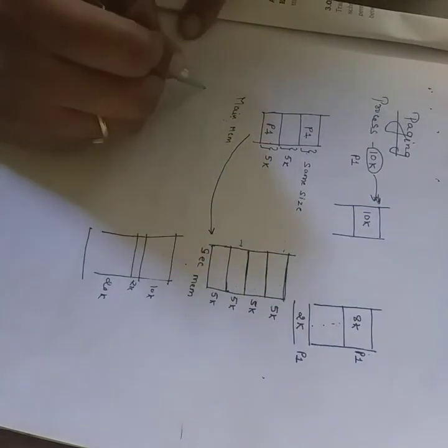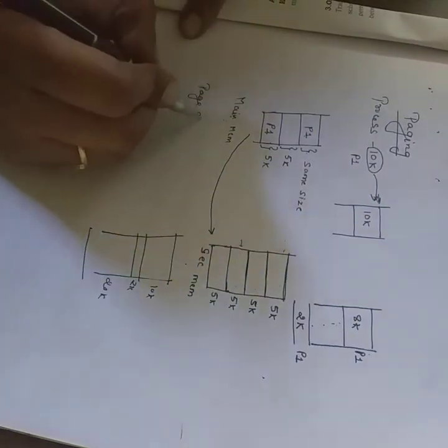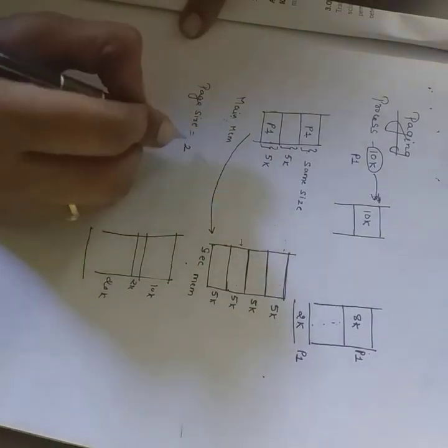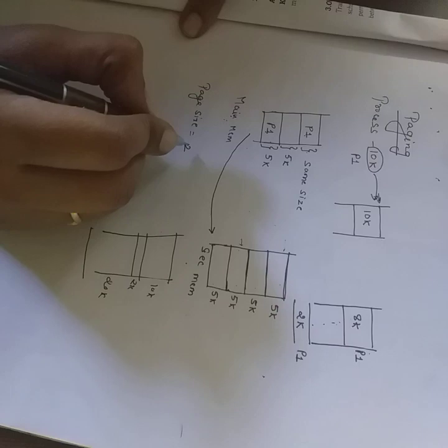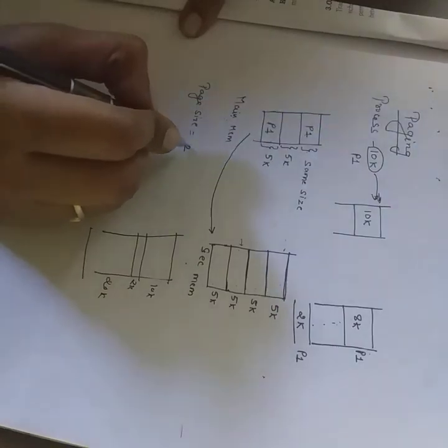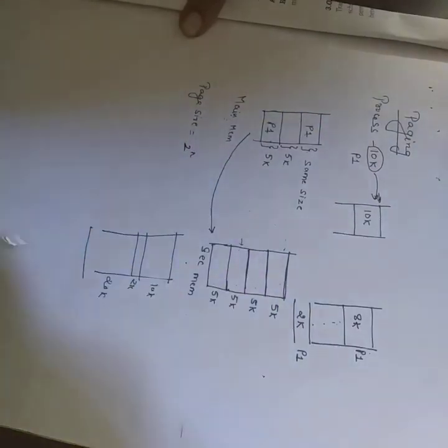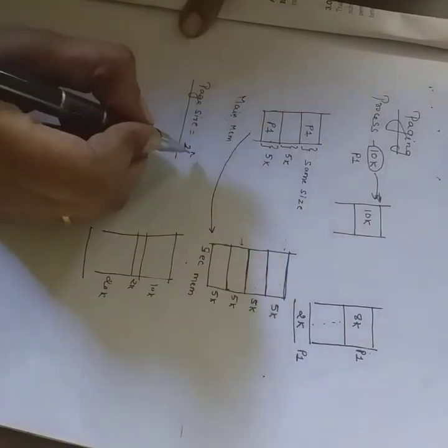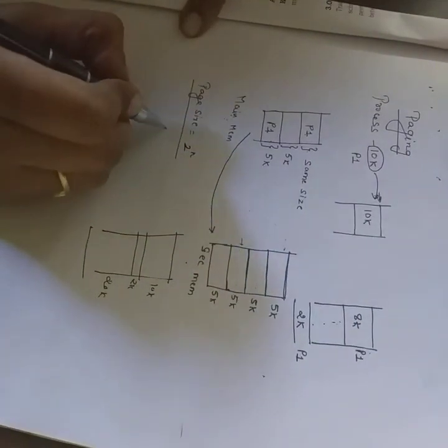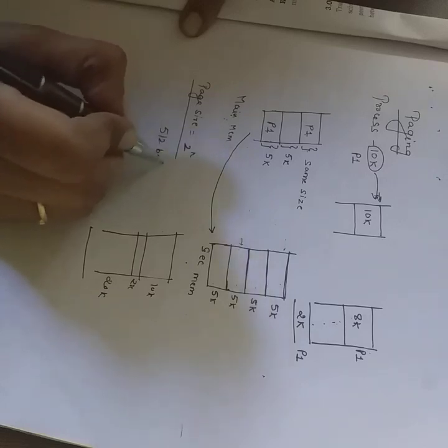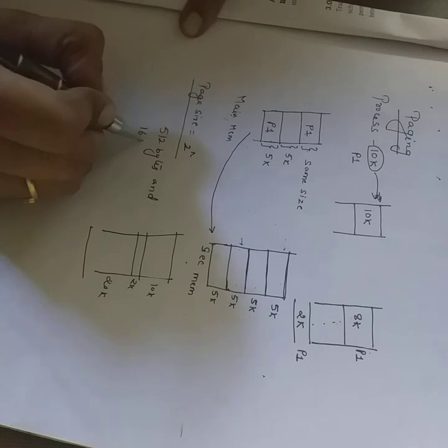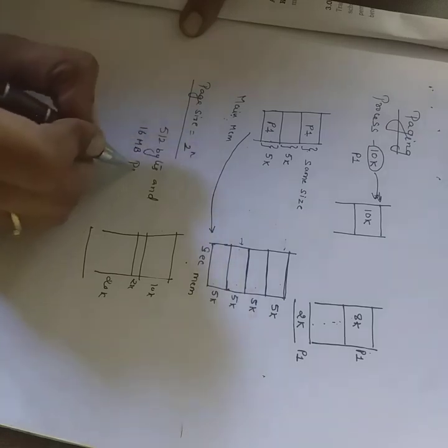Usually a page size is represented as 2 power n. If the page size is 2 power n, it varies between 512 bytes and 16 megabytes per page.